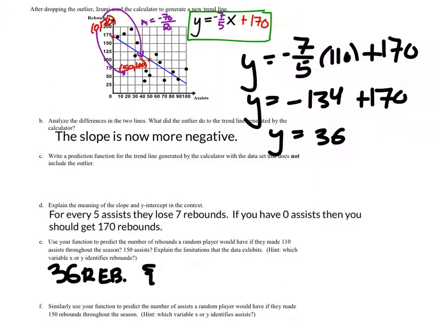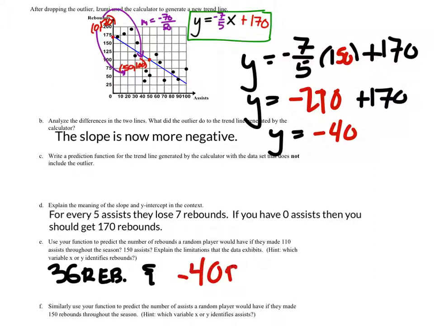And then what about 150 assists? So I'm going to go back and change that. Now I got 150, negative 210. So that would be negative 40. Well, negative 40 rebounds doesn't really make sense.